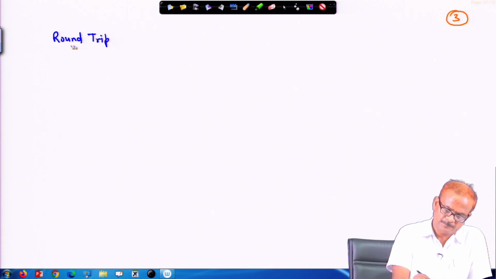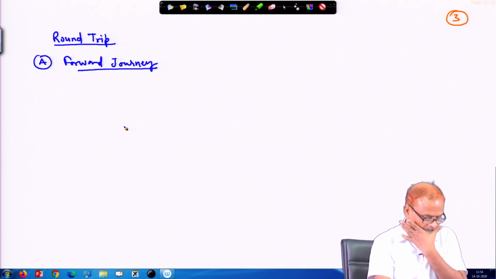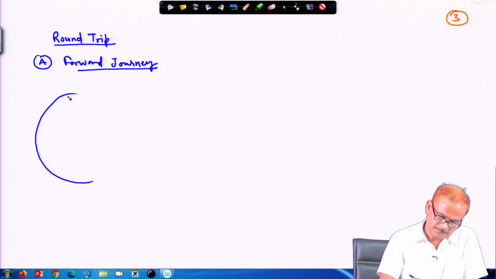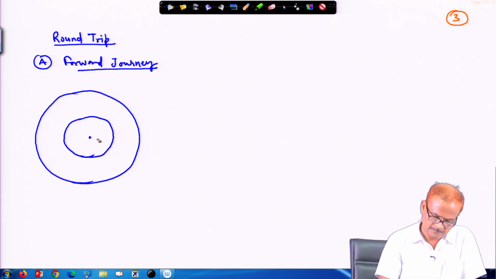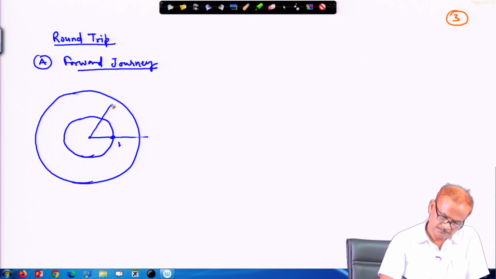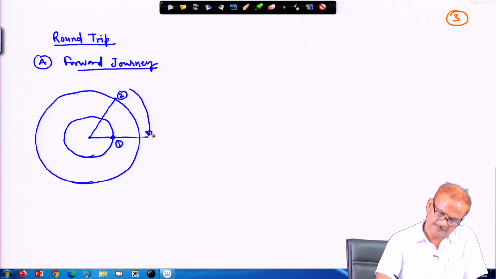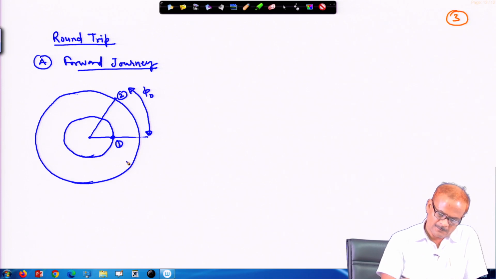So, a forward journey: one is here, 2 is here, this angle is phi 0, the phase angle difference, and then from here the launching is done.